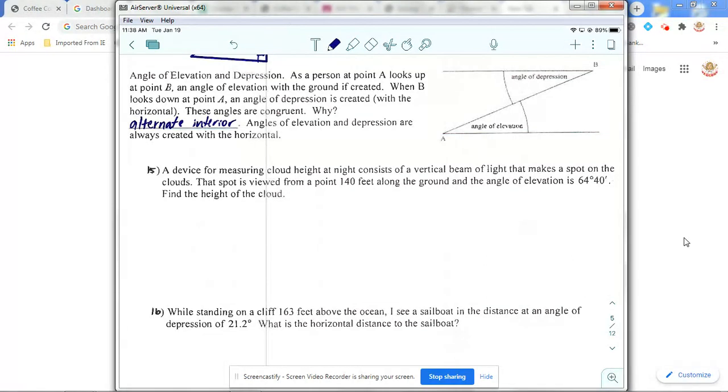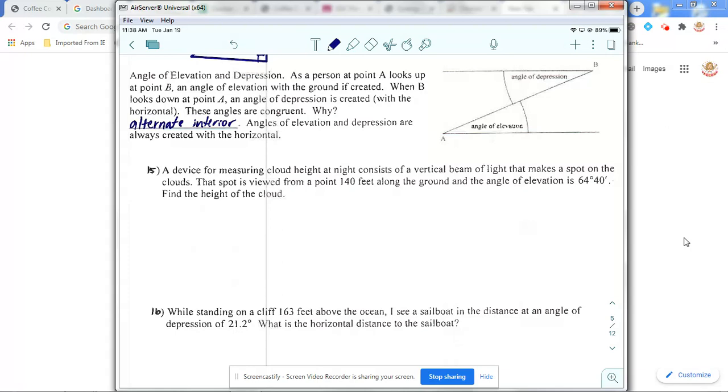I use that because sometimes my angle of depression might not be in my triangle, and then I'll just switch it to the angle of elevation because they're congruent. There's no reason to draw another triangle.